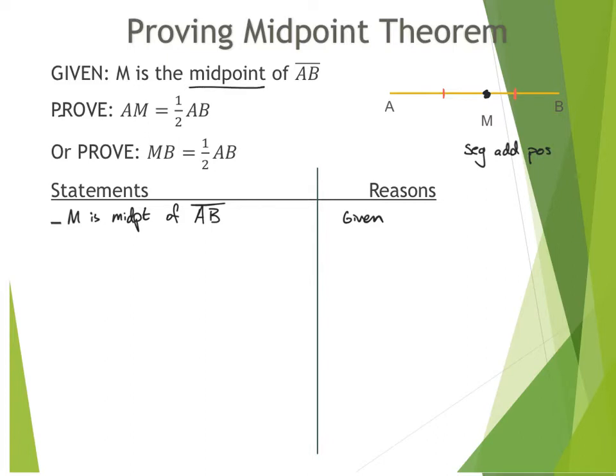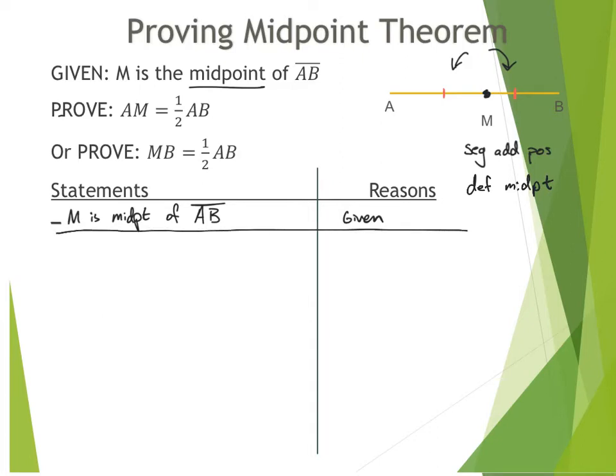I'm also told that M is a midpoint. And I know that because of the midpoint, as I annotated, these two things are equal. And that's just off of the definition of midpoints. So that's a little piece of logic that I used.